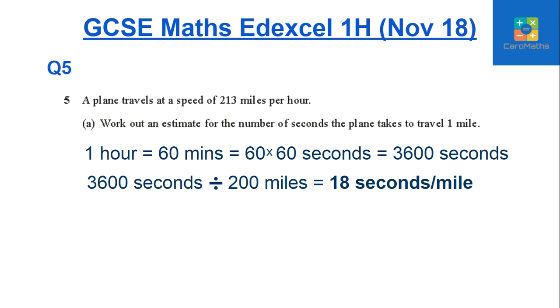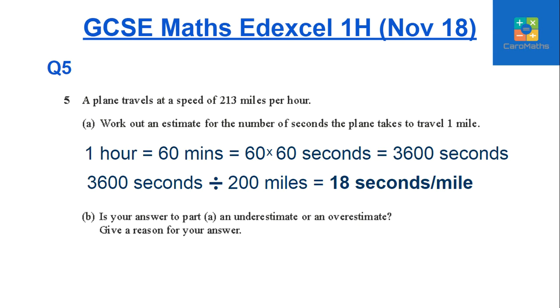And we do that because it's a lot easier to divide 3,600 by 200 to get to 18 rather than dividing by 213. According to the examiner's report, many students failed to realize that they could do that and therefore wasted a lot of time.